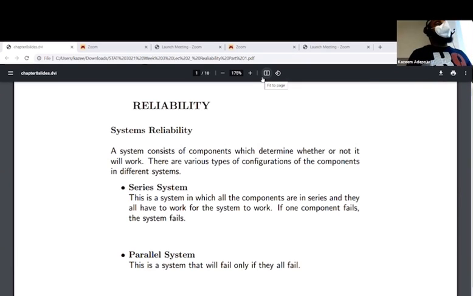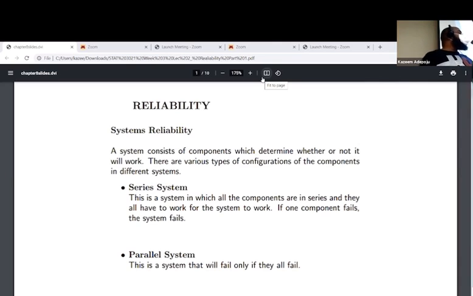But what do I mean by a system? It's a system comprised of several components, either arranged in series or arranged in parallel or a combination of the two.